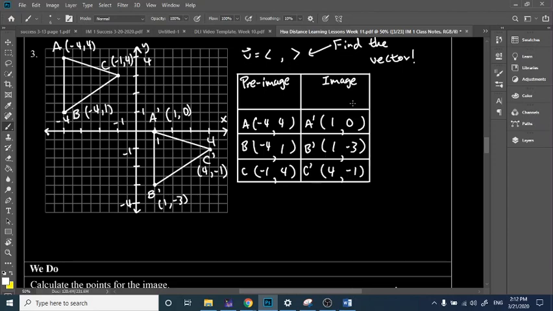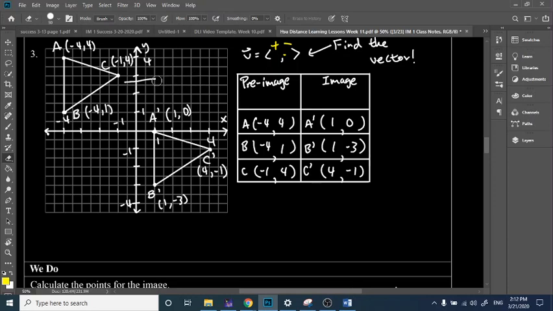Let's see. We want to find how many units this thing is moving to the right, left, up, or down. We can already tell that this thing shifts this way, then it goes this way. So we know that we're going to have something positive and then something negative. So let's figure out what that is.